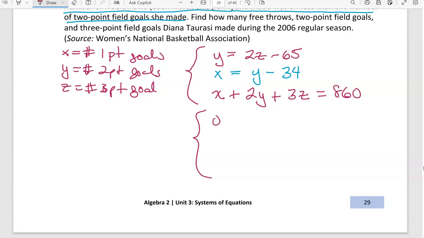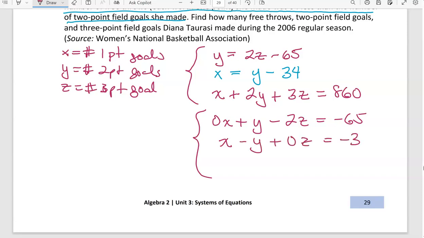So the first rewritten in standard form is 0x plus 1y minus 2z is equal to negative 65. The second is x minus y plus 0z is equal to negative 34. And the last was already in standard form.